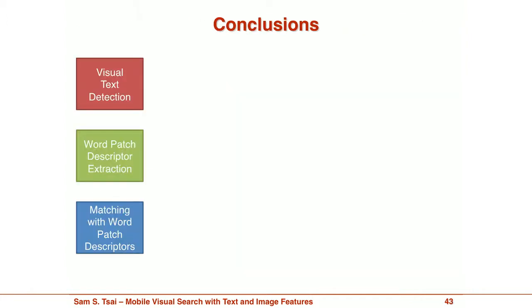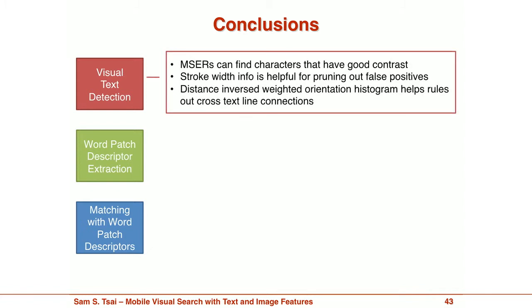And this brings us to the conclusions. My research is on exploring how we can use visual text for visual search. There are 3 blocks that I focused upon. The first is the visual text detection stage that finds visual text locations in images. We use a bottom-up text detection algorithm to find text. From the large amount of tests we ran, we found a few key features that help in shaping our algorithm.